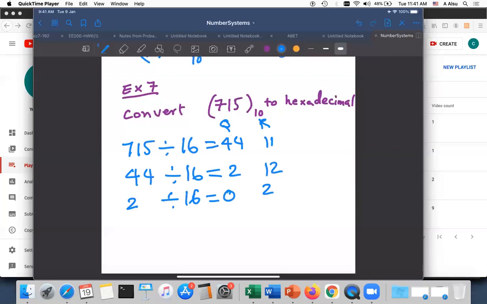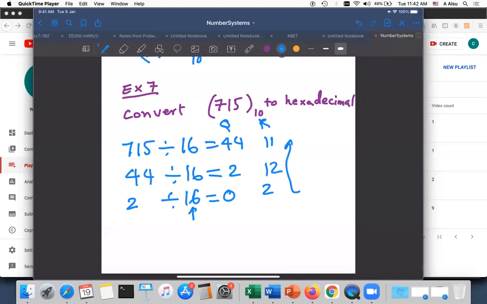Question: where do we take the 16 from? Which 16? This one? Yes. Remember the algorithm: if we want to convert a decimal number to another base, we keep dividing by the base.